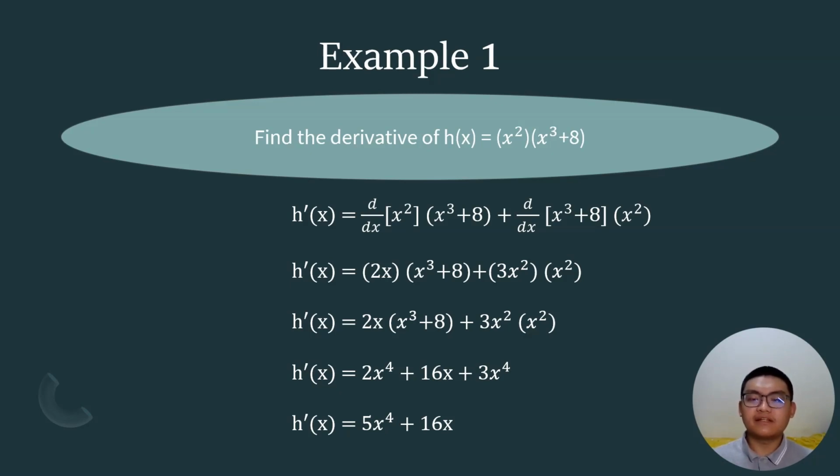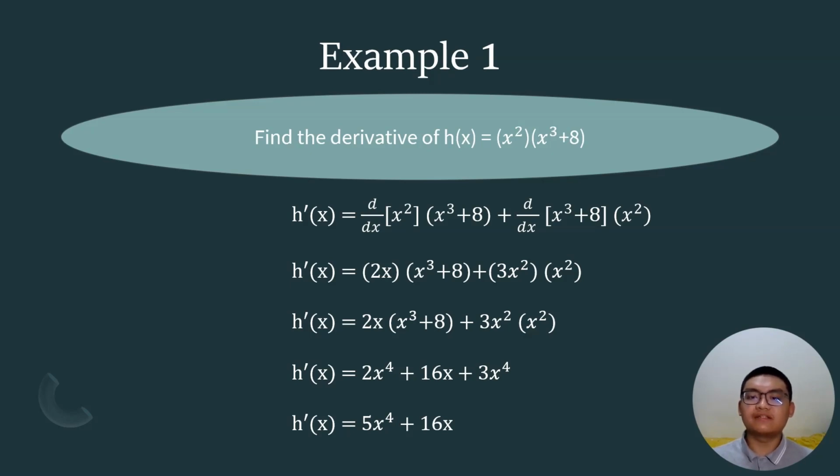Now, we substitute these values back into the equation. The derivative of h of x is equal to 2x times the quantity x cubed plus 8, plus 3x squared times x squared.